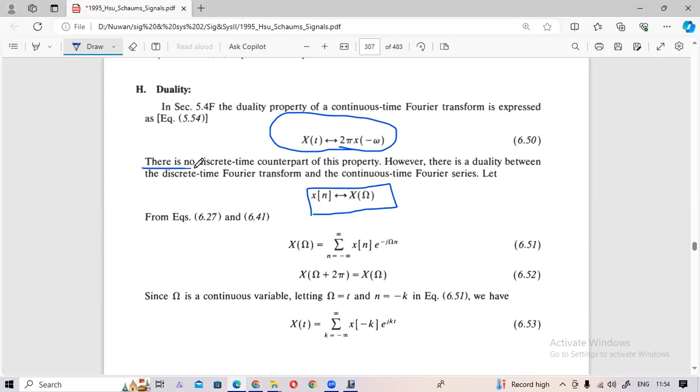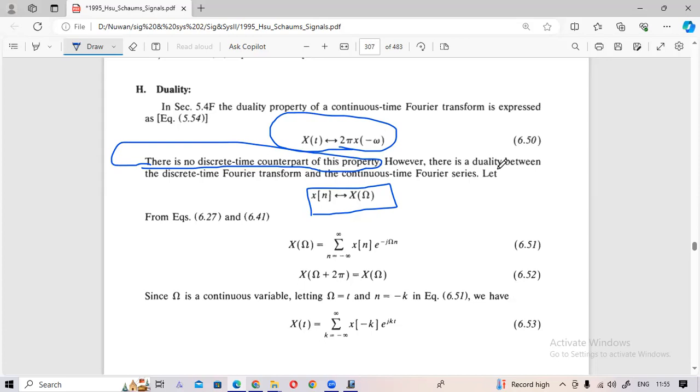Here you can see that there is no discrete time counterpart for this property. So we are not using the duality property for discrete time signals directly.